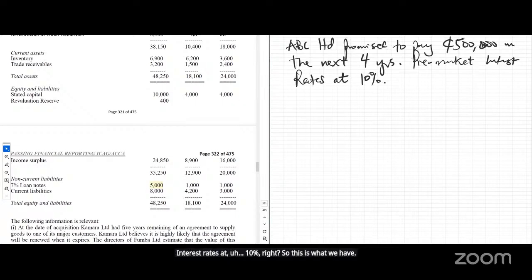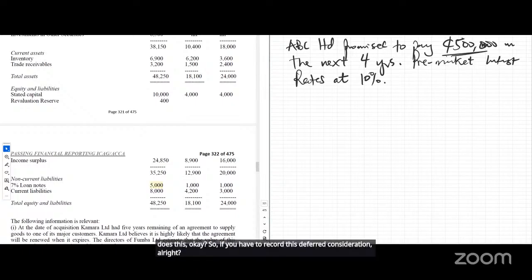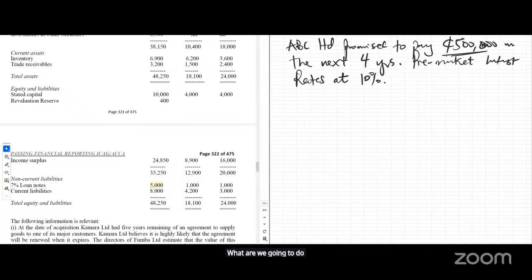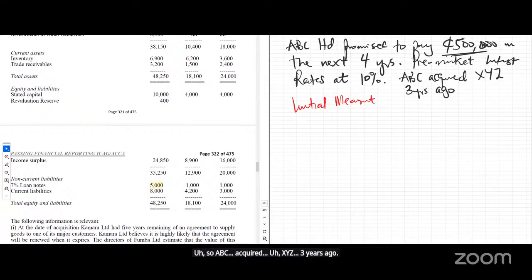Just this. So if we are to record this deferred consideration, what are we going to do? The first step is to do the initial measurement. Let's just say that ABC acquired XYZ 3 years ago, all right?